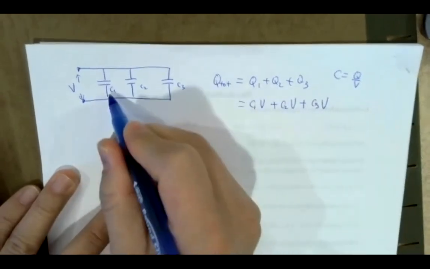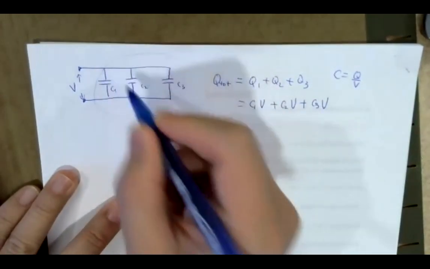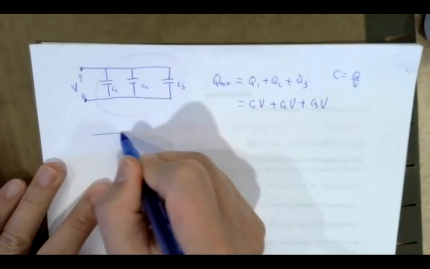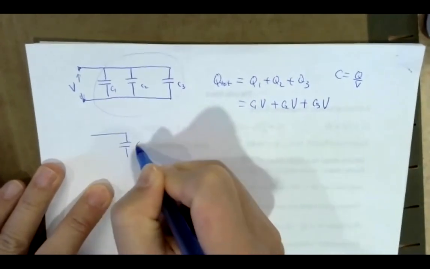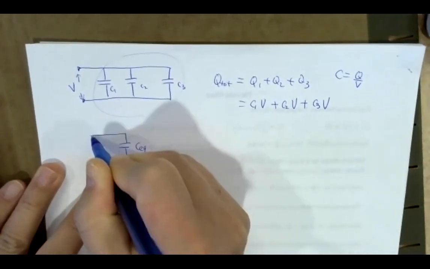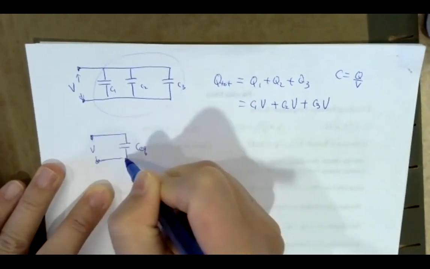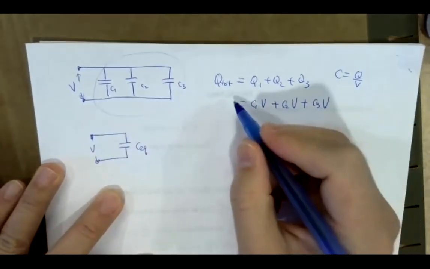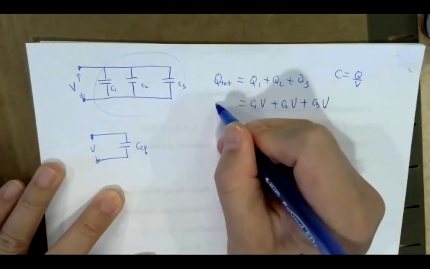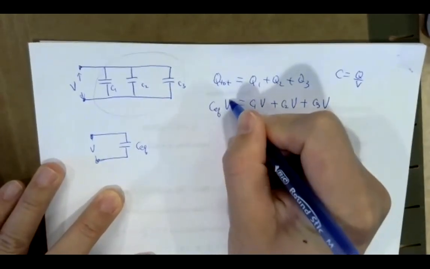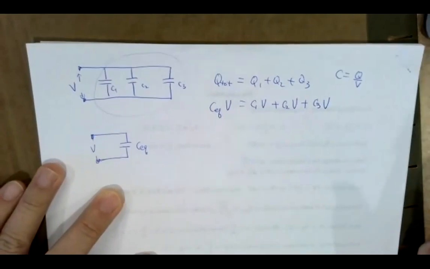And if you represent the combination with a single capacitor, CEQ, all right, so that's V between those 2 terminals, then total will be equal to CEQ times V, okay?